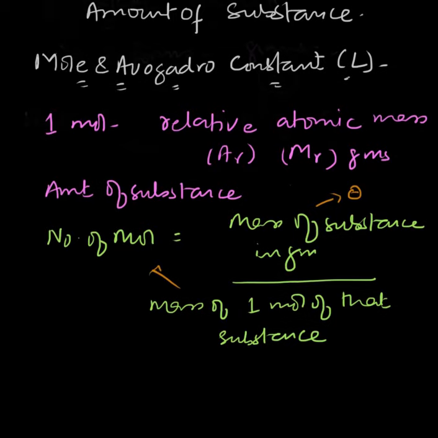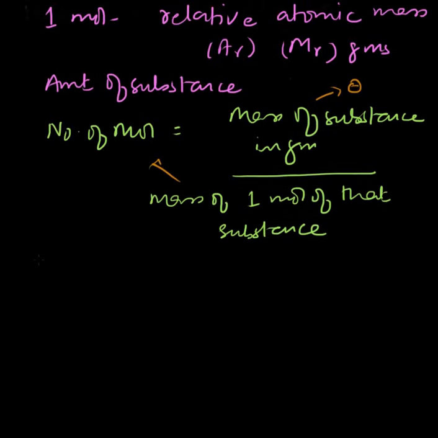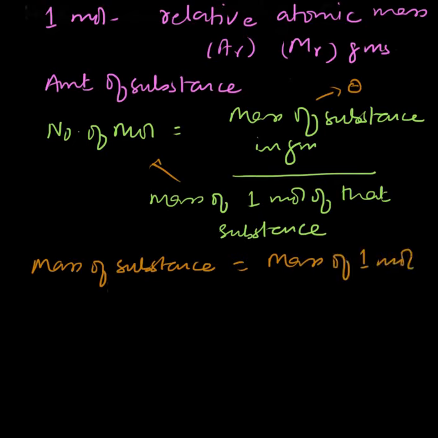So I will be saying mass of substance is basically equivalent to this mass of 1 mole of that substance multiplied by this number of moles. Okay, so I think that this is pretty clear how we will be calculating it.